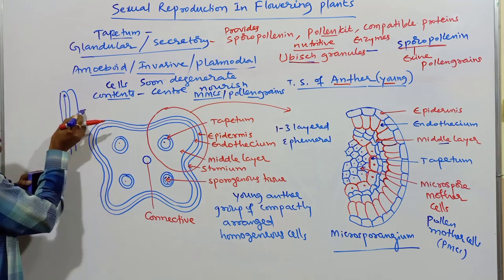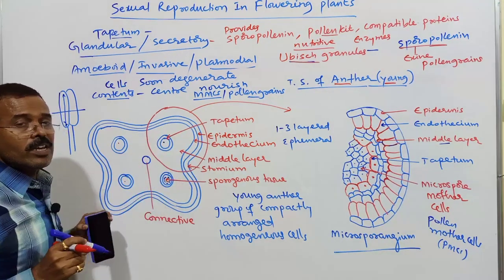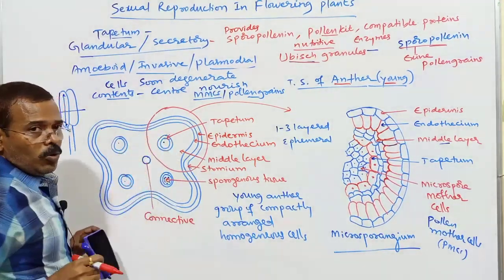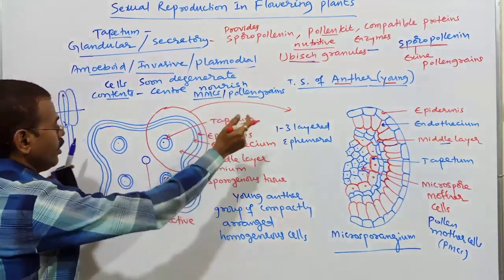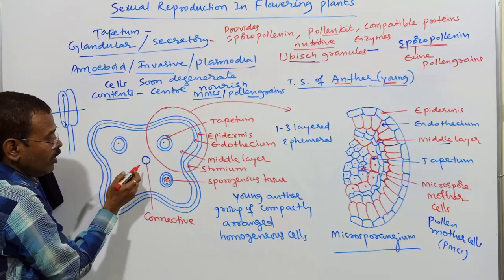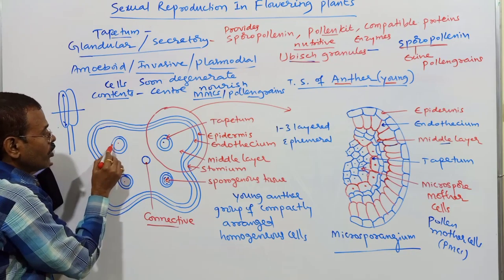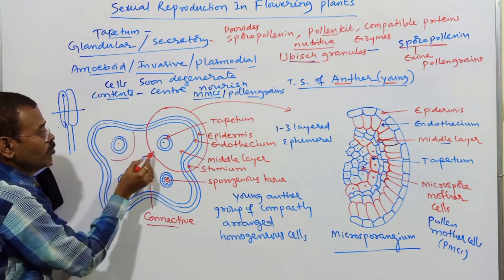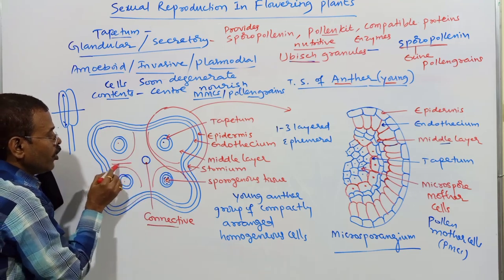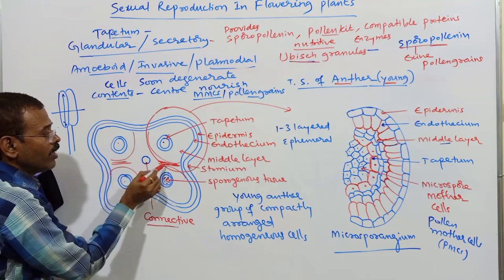When you take this section, the microsporangium appears circular in outline. There is a tissue which connects one anther lobe to another anther lobe, that is what you call the connector. If this is one microsporangium, then this is another one. Here you have the sterile tissue; the layers of sterile tissue will be there in this region.